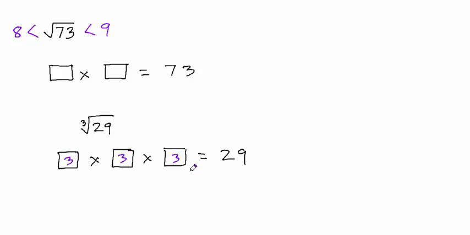Close, but not close enough. We need 29, not 27. How about 4? 4 times 4 is 16 and 16 times 4 is 64. That's way off. Therefore, because 29 is between 3 times 3 times 3 and 4 times 4 times 4, we can say that its cube root is between 3 and 4. That's how you could estimate surds even if you don't know the exact answer.